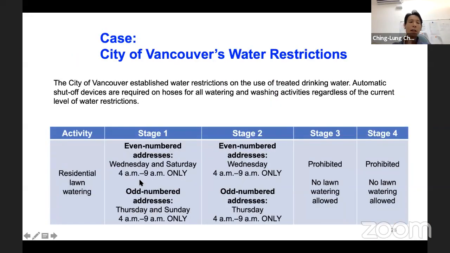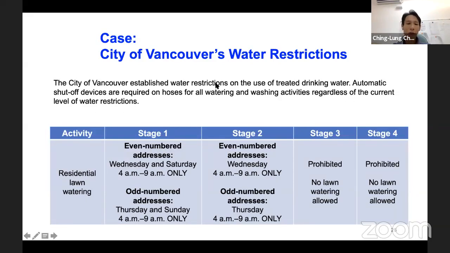Okay, and then this is the case. How is water regulated for usage? This is the case in Vancouver, in Canada. The city of Vancouver established a water restriction on the use of treated drinking water, and automatic shut-off devices are required on hoses for all watering and wash activity, regardless of the current level of water restriction.